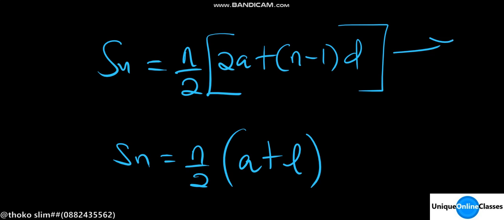We use the first formula when given the first term, number of terms, and common difference. And we use the second formula when given the last term, which is L, whereas A is the first term, and N represents the number of terms to be added. So let's have the first example.